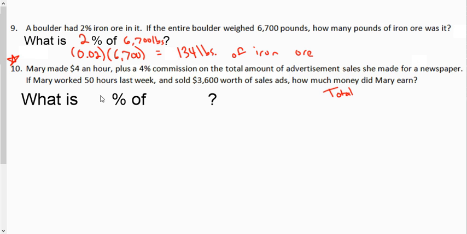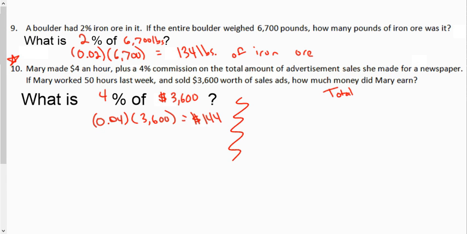So let's work on our commission. What is 4% of $3,600? We would figure that out by 0.04 multiplied by 3,600, and that would be $144.